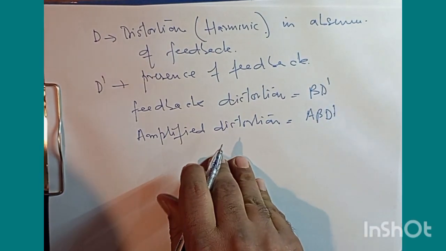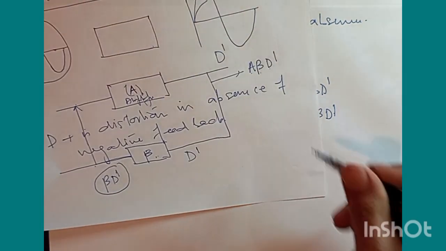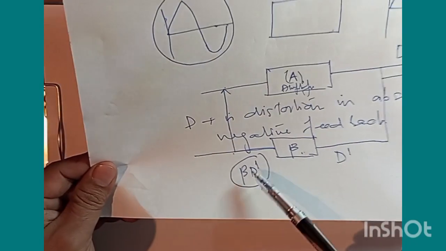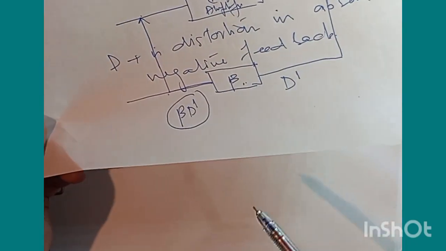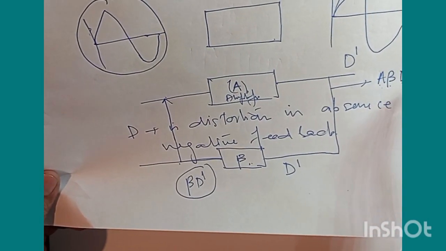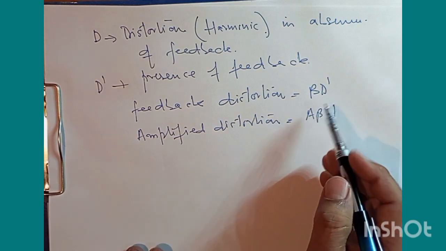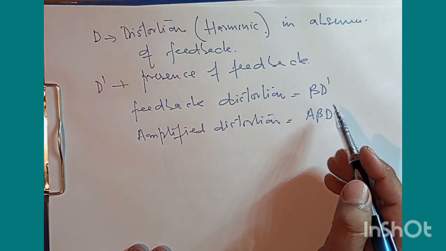You can see it, what we have already discussed. So this beta D dash is the feedback distortion, and this A beta D dash will be the amplified distortion that we will get at the output of the amplifier.